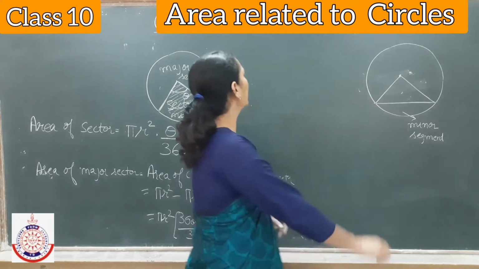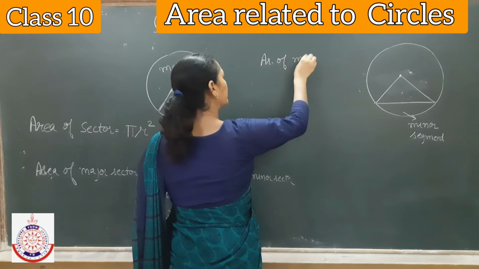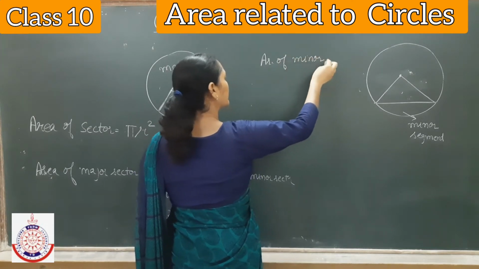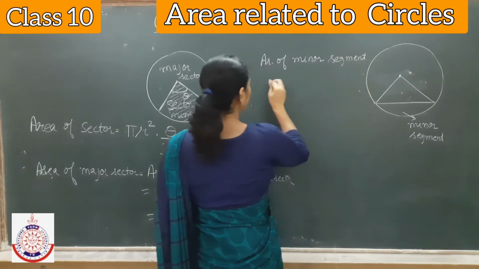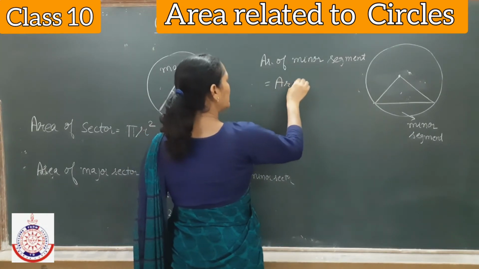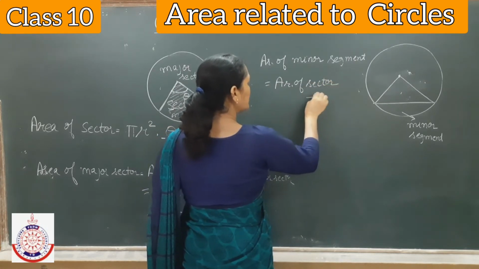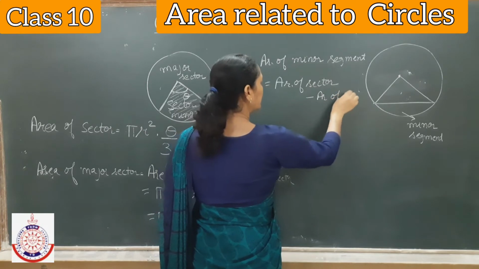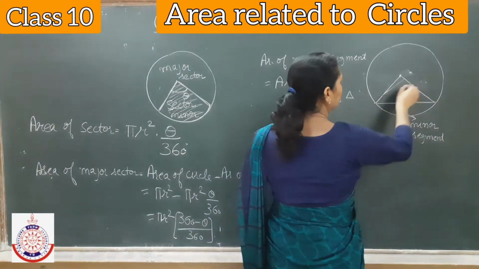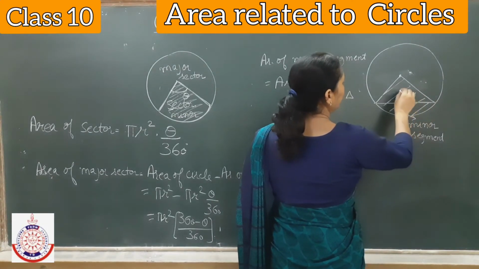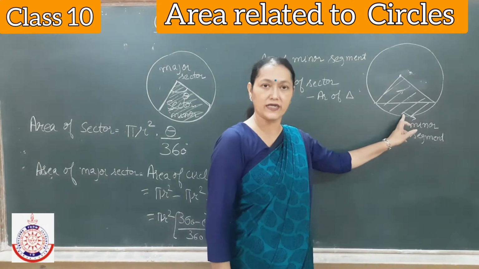That means area of minor segment can be written as area of sector minus area of triangle. If from the complete sector we subtract this portion, triangle, we will be getting the area of minor segment.